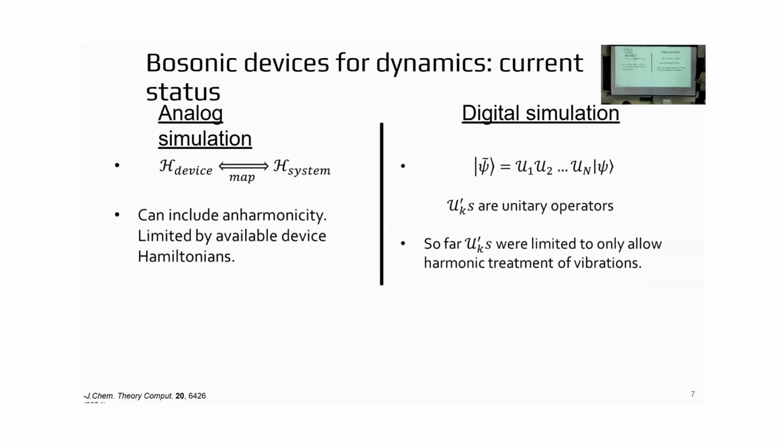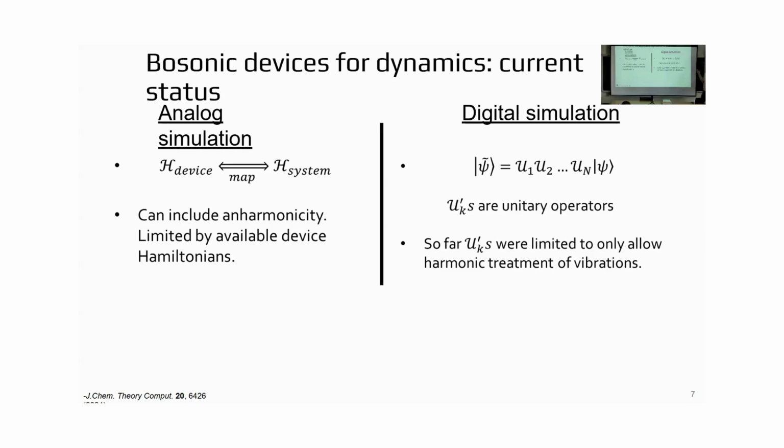The good thing about this approach is that it can easily include anharmonicity. In general, vibrations in molecules are anharmonic, so that's one good thing about this approach. However, it's limited by the device Hamiltonians you have. You only have access to specific device Hamiltonians, so you can only look at specific systems.